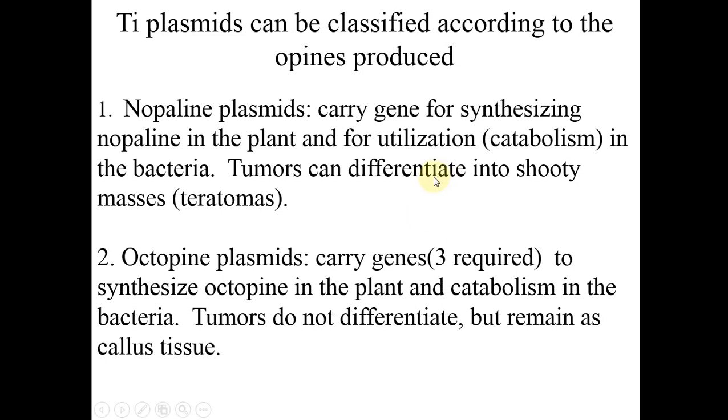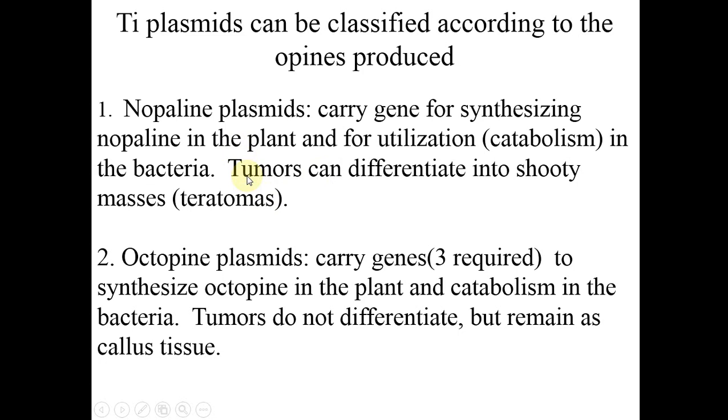Tumors can differentiate into shooty masses. Octopine plasmids carry genes required to synthesize octopine in the plants and for catabolism in bacteria. The tumors do not differentiate but remain as callus tissue.